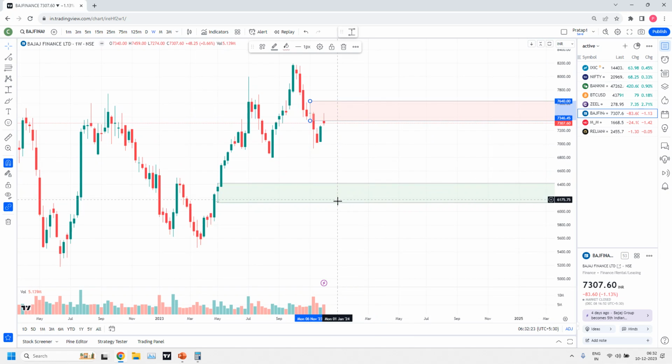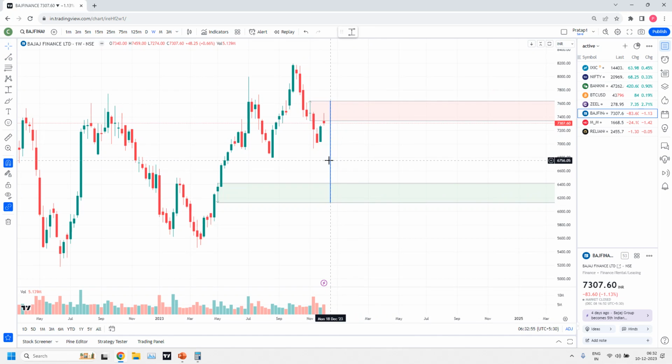How do you draw from the distal line of this weekly demand zone to the distal line of this weekly supply zone? So we have the info line. From this distal line of the weekly demand zone, I am drawing till the distal line of the weekly supply zone. That is a D2D range, distal line to distal line range.